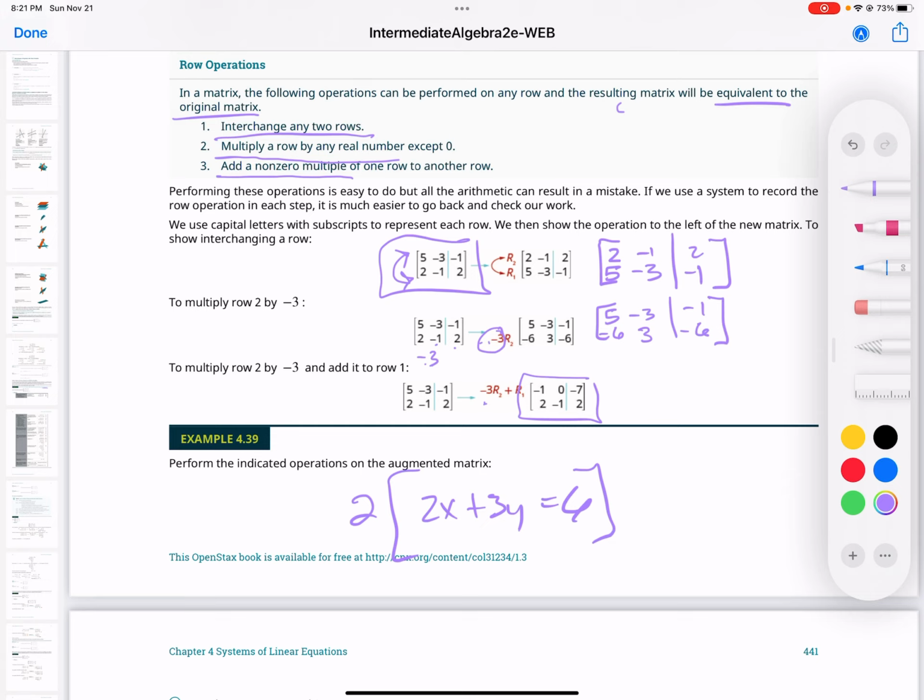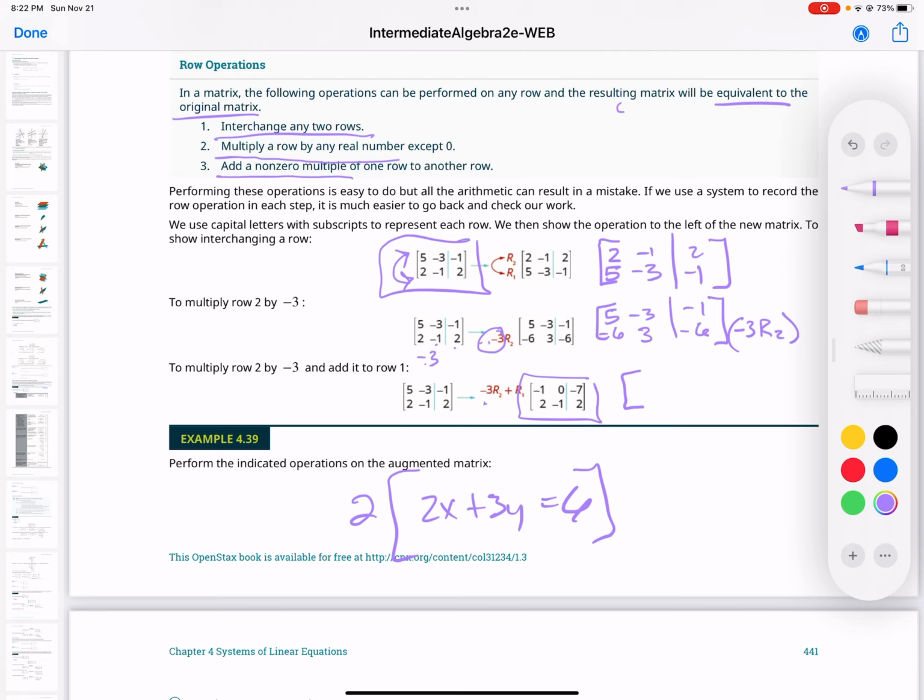And then we want to note what we did. Sometimes you can do it on either side. We take -3 times row 2. That's what we did there. And then the next one says that we want to take that and add row 1 back to it. So we're not doing anything. Oh, we're taking the -3 times row 2 and adding it to row 1.